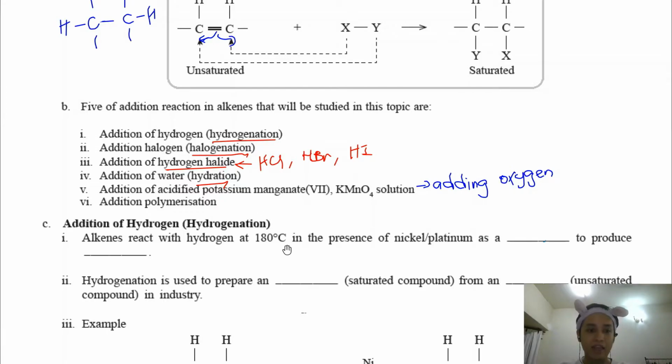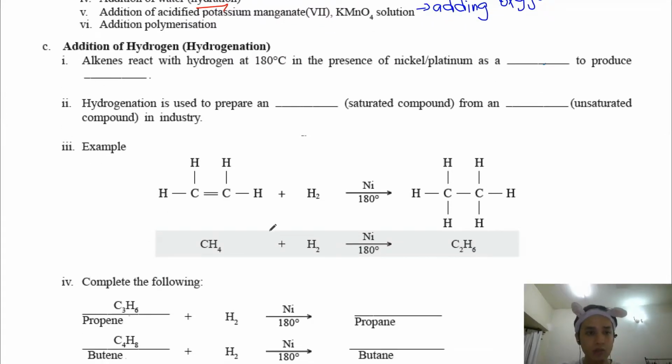Let's look at the first one, hydrogenation. Hydrogenation means you are going to add hydrogen. You need to know the conditions, meaning the temperature and the catalysts. Nickel and platinum act as catalysts. If you look at the structural formula here, after I add in the hydrogen, I am changing the alkene into an alkane. So an alkene can be converted into an alkane through hydrogenation.